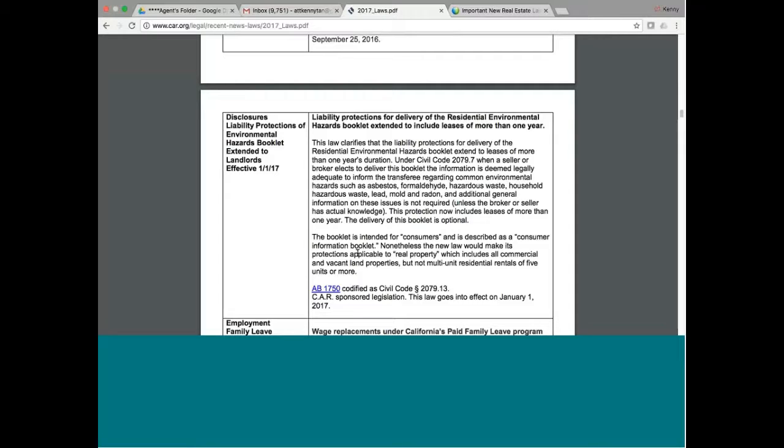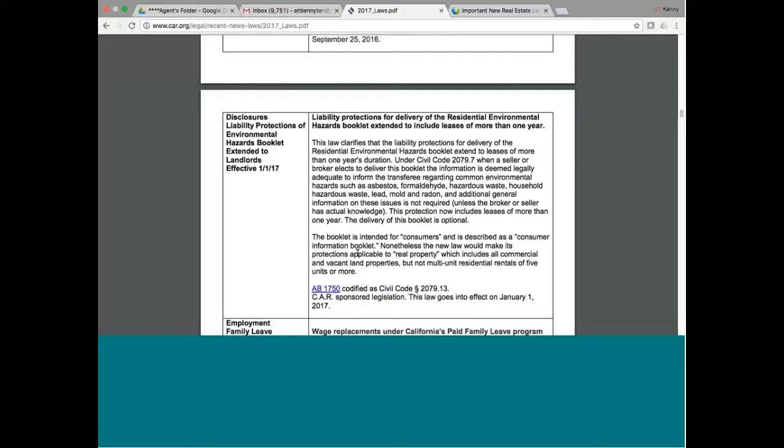One of the heavily litigated environmental hazard areas is mold. So if you can shield yourself from mold liability simply by handing a booklet to a buyer, why wouldn't you want that?